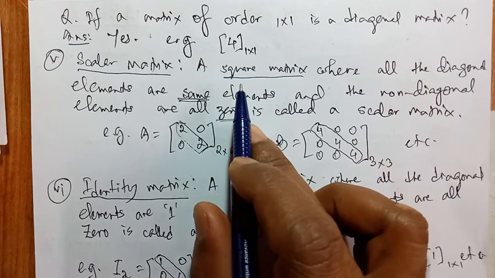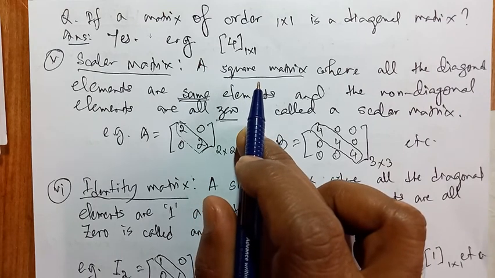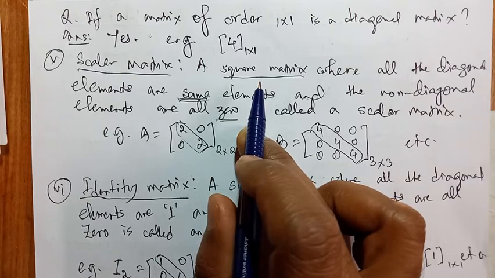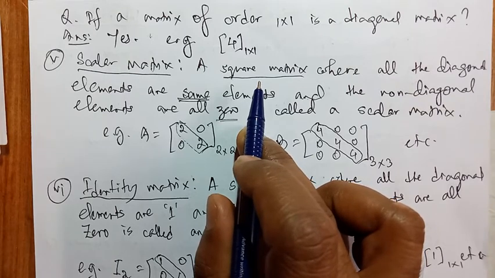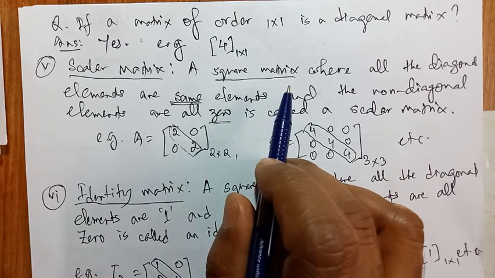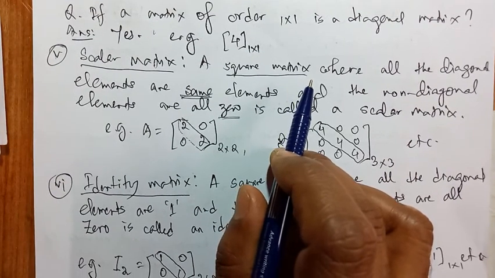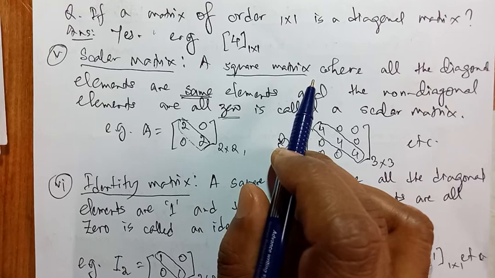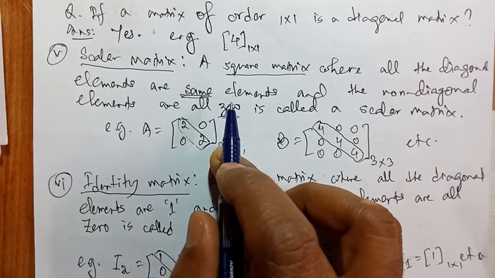So this is also one type of diagonal matrix. As in a diagonal matrix, the non-diagonal elements should be 0 and the diagonal elements should be non-zero numbers. So here also, this scalar matrix is also a diagonal matrix because the diagonal elements are non-zero numbers and the non-diagonal elements are all 0.